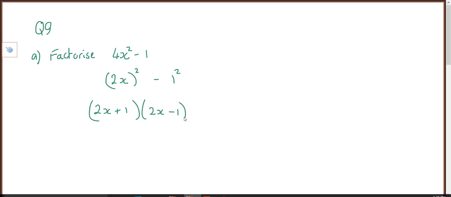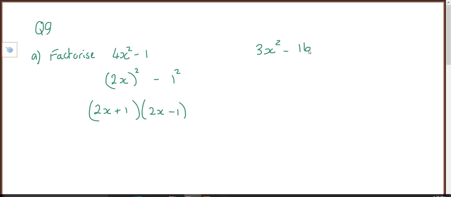Because they're not going to say factorise 3x squared minus 9. Why are they not going to give you that as a question? Too easy? No? It doesn't work. Oh, sorry, I'm going to change it. I've done that wrong. Let's do 3x squared minus 16.